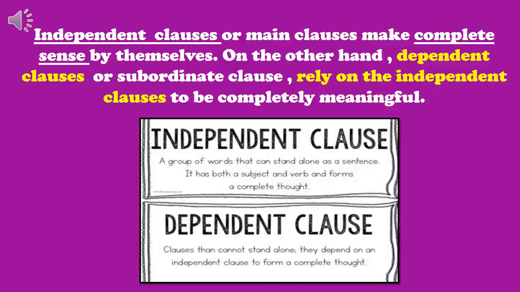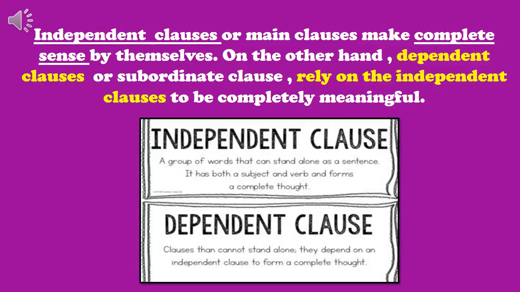So remember, an independent clause can stand on its own. It makes complete sense on its own. But unlike that, the dependent clause is dependent. It relies on the independent clause in order to get its meaning.